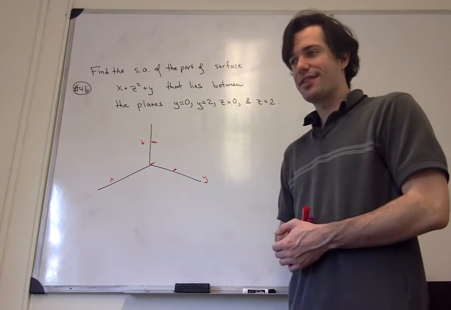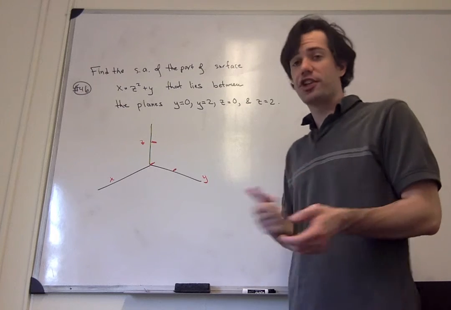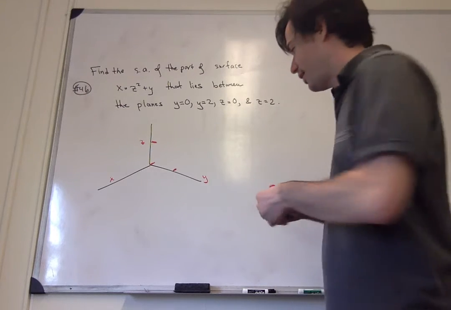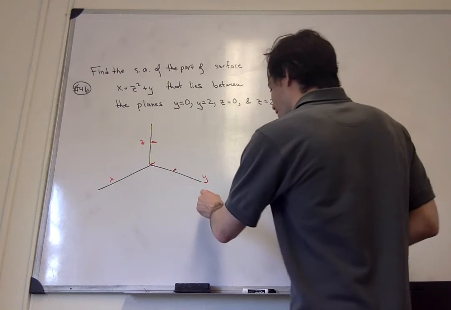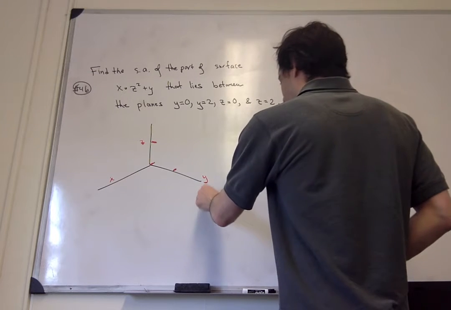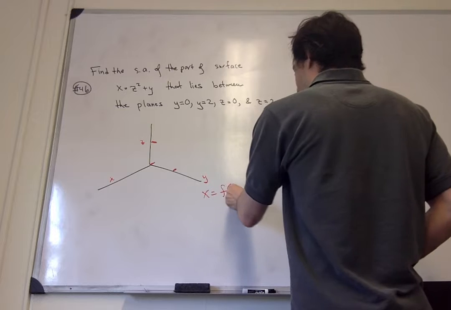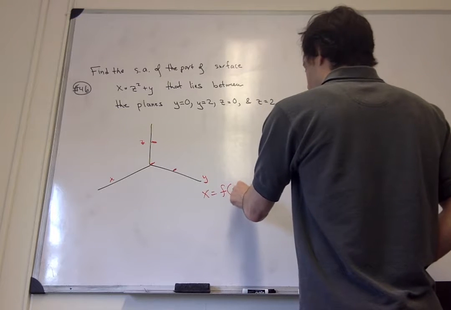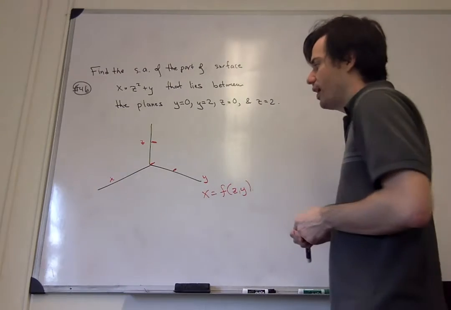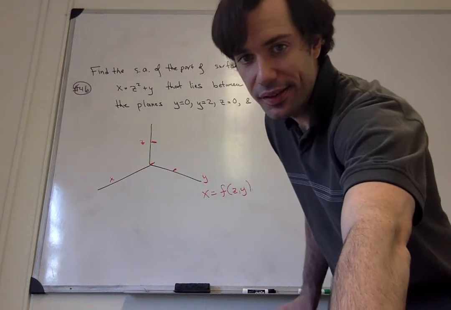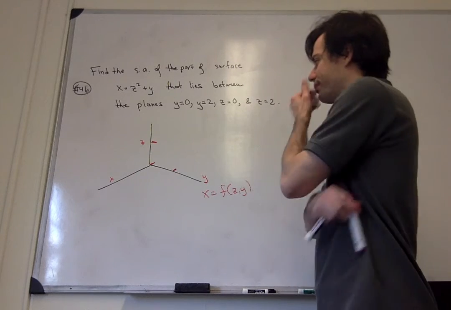Our function is x, and it's a function of y and z. So we have x equals f of z, y. Now, really, this is not too difficult.